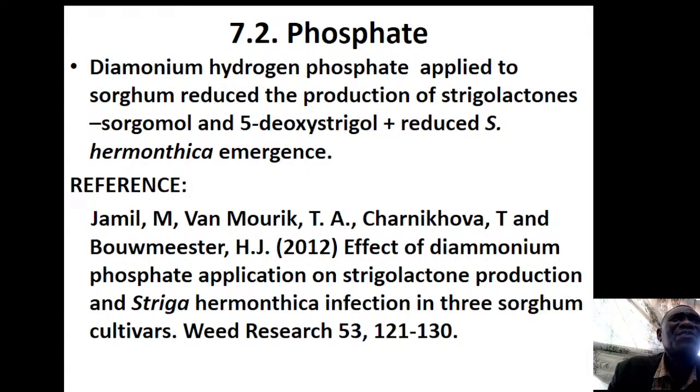It reduced the production of Striga lactones, for example sorghumol and 5-deoxystrigol. It also reduced the Striga hermonthica emergence. So the two elements, nitrogen and phosphorus, can be used to reduce Striga infection in maize.